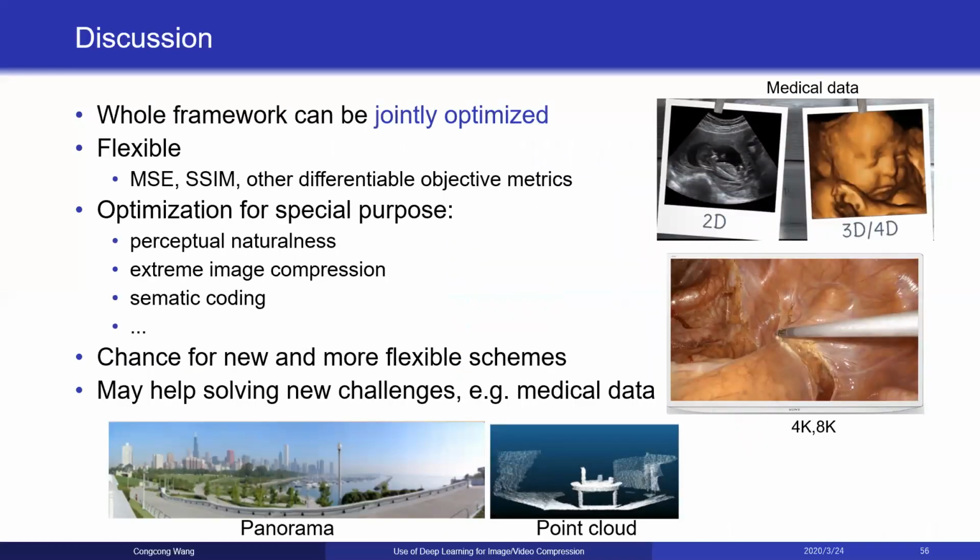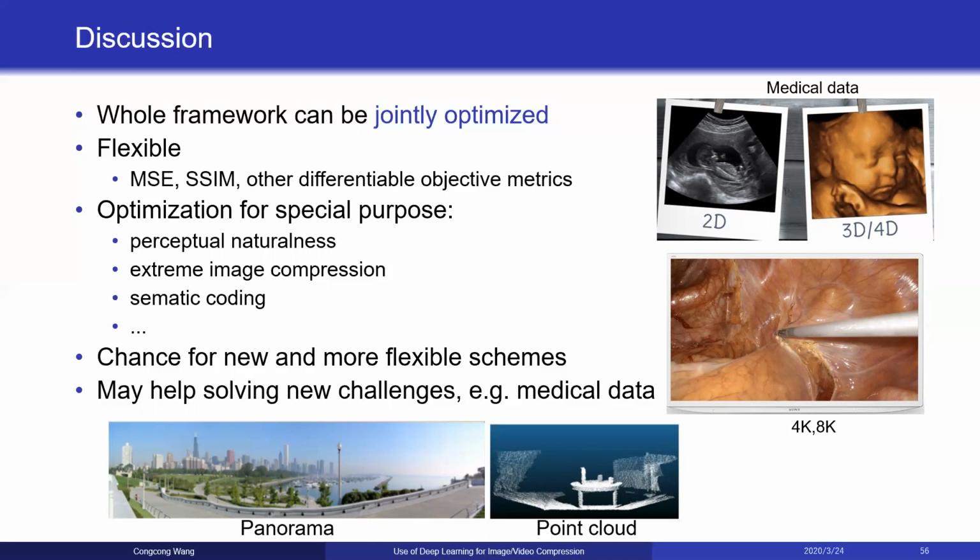There are some advantages deep learning brings to this field. Deep methods, especially the end-to-end ones, can be jointly optimized, and they can adjust the objective flexibly, such as optimizing for mean square error, SSIM, or other perceptual metrics.